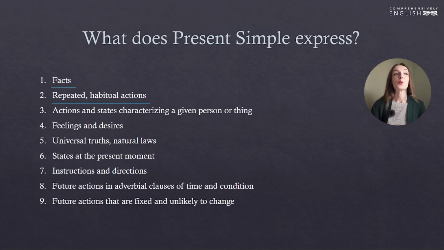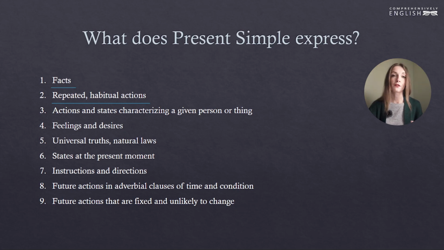Now let's talk about what the present simple tense can express. The simple aspect of the present helps us to speak about facts, repeated or habitual actions, actions and states characterizing a given person or thing, feelings and desires, universal truths or natural laws, states at the present moment, instructions and directions, future actions in adverbial clauses of time and condition, and future actions that are fixed and unlikely to change.